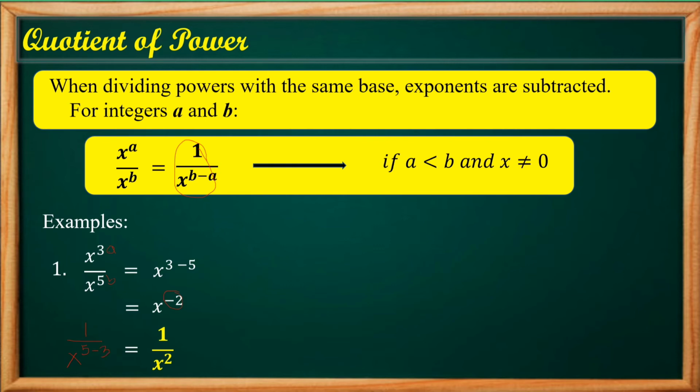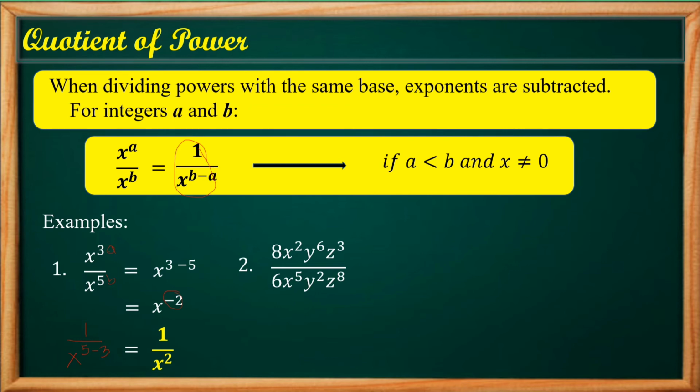Therefore, 1 over x, 5 minus 3 is 2. Therefore, 1 over x squared. Here, we just showed what negative exponents mean. When the exponent is negative, the literal coefficient is on the denominator. We can use that in this example, number 2.